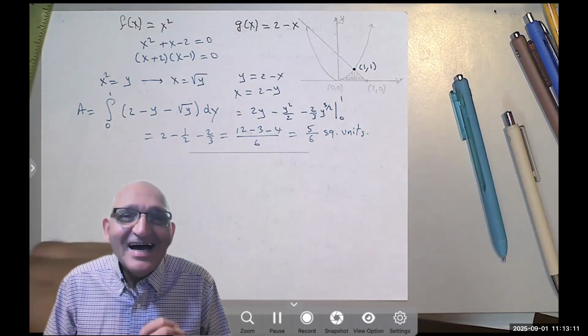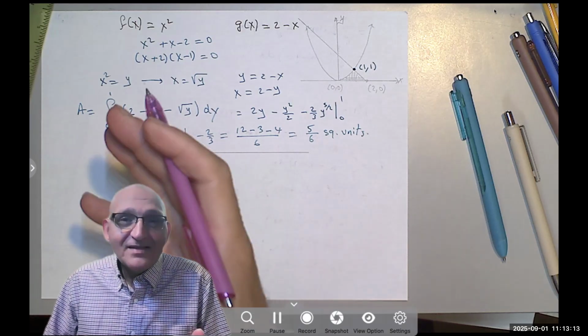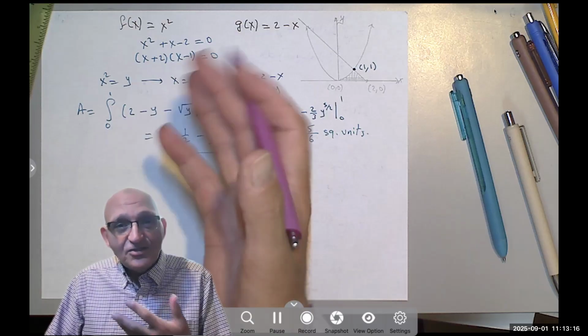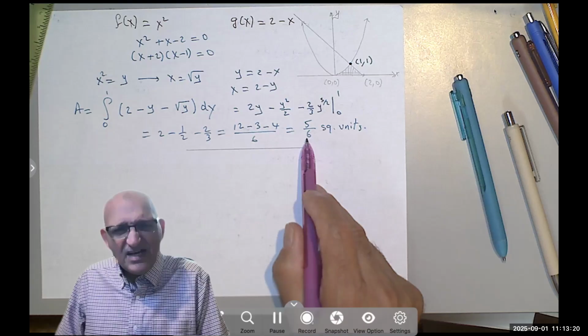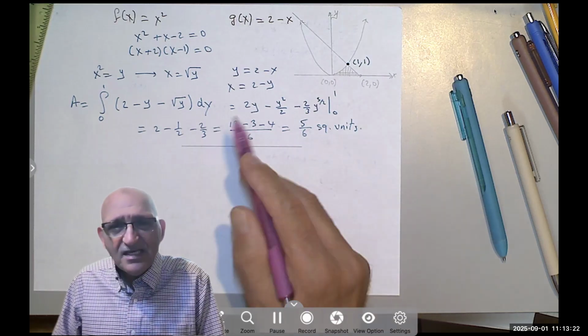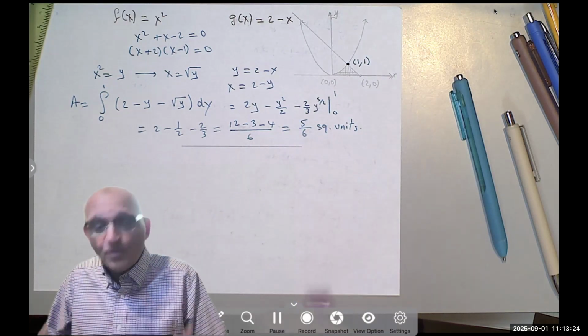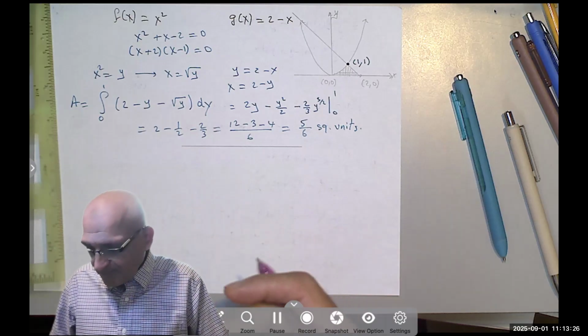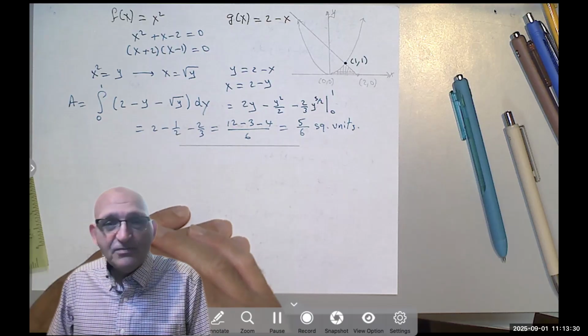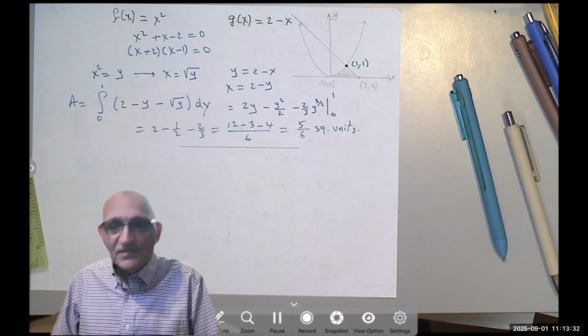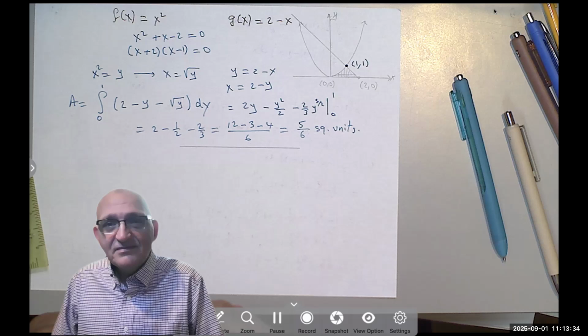No, I want to show you that, yes, you can make it hard on yourself, but to check to see if it's really 5/6, did we do it correctly? Can we corroborate our answer? If I take the integral with respect to x, I have a problem. Which graph?